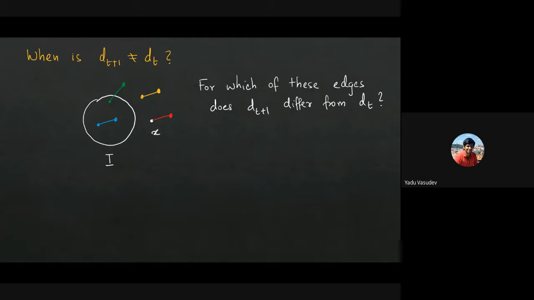Not that it will always differ, but for instance, what are the edges for which you know that dt plus 1 will not differ from dt, if you use that edge to modify the independent sets? Which are the edges which will not change the value of dt plus 1, among these different types of edges?